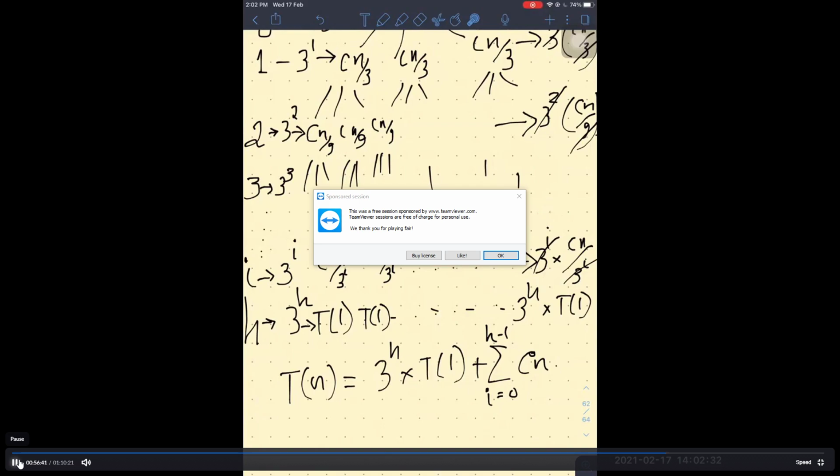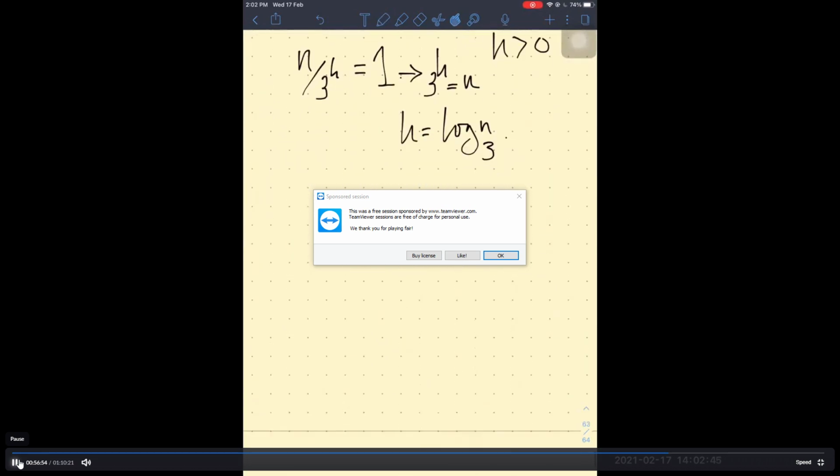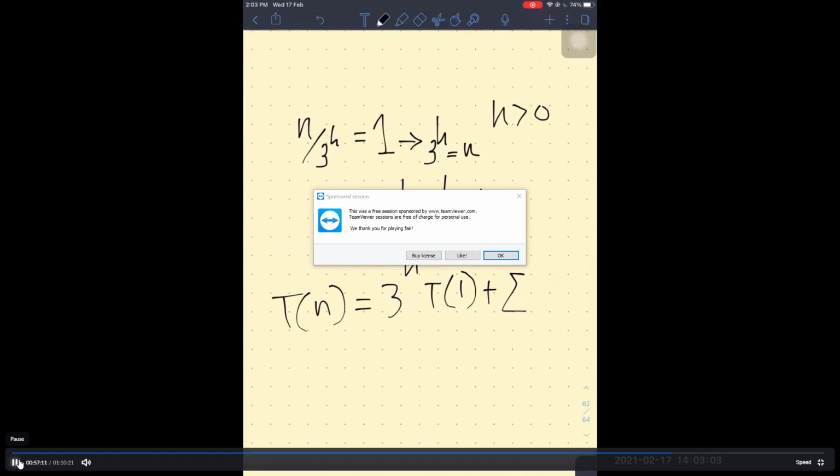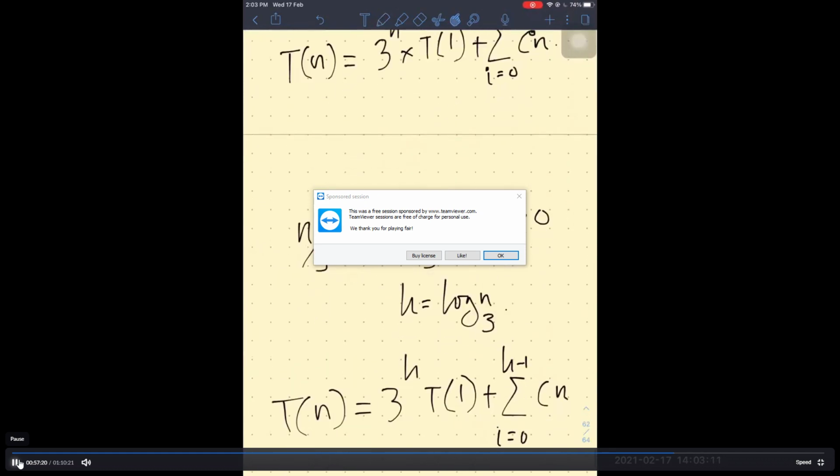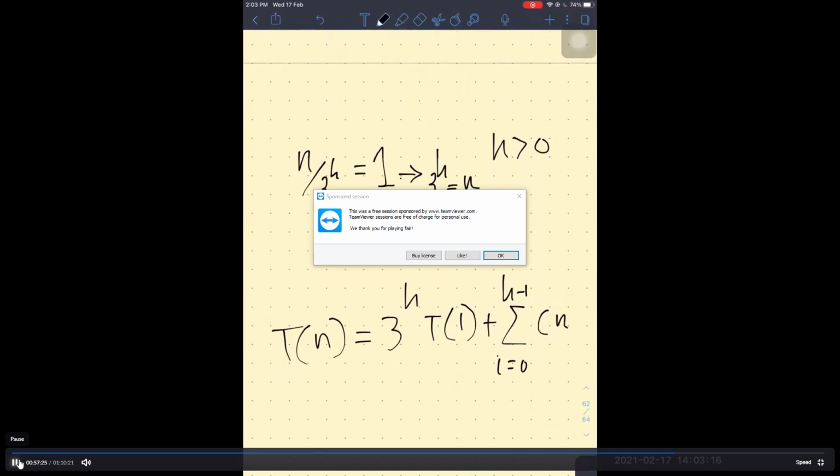Then if we replace this in the equation, we get T(n) = 3^h T(1) plus the summation for i equals 0 to h minus 1 of c(n). As c(n) is independent of i, we will get 3^h times T(1) plus h times c(n).